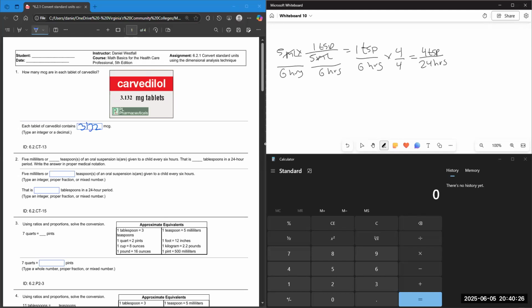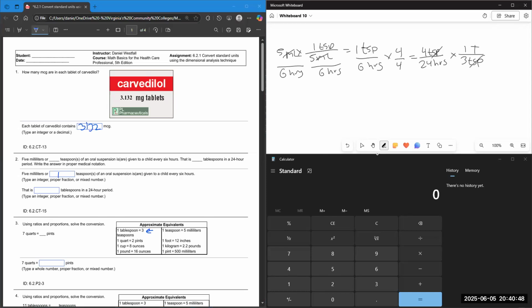Then we want to change teaspoons to tablespoons. So we have a conversion factor right here that you can see on the chart, that 3 teaspoons is 1 tablespoon.